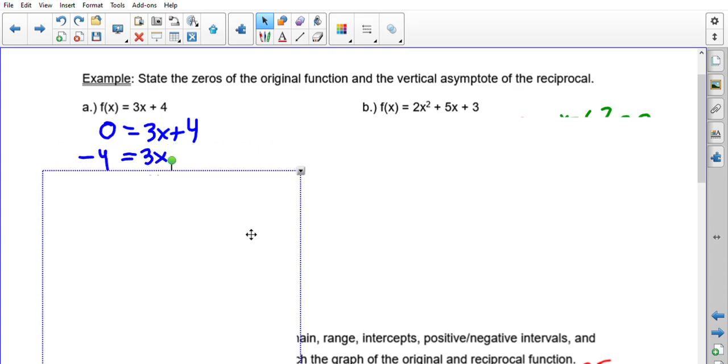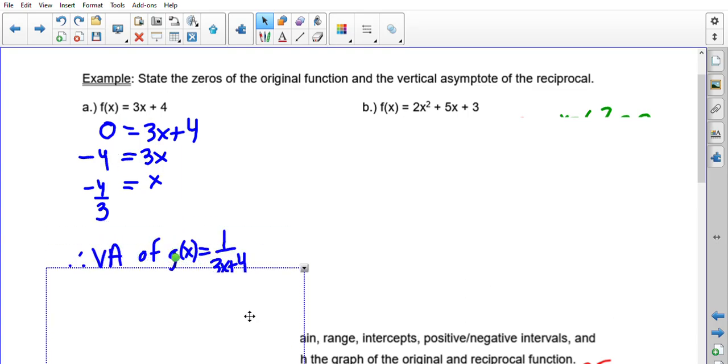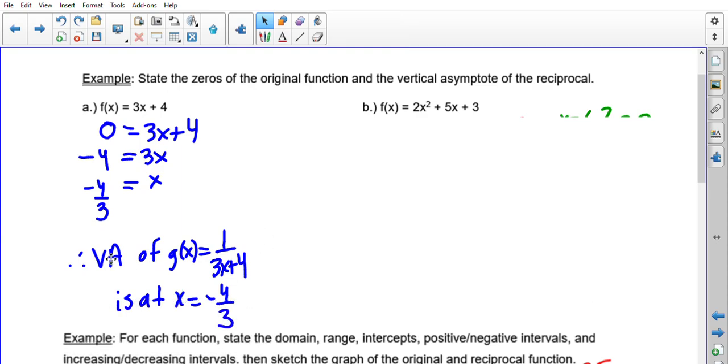We isolate for x, and we get a zero at -4 over 3. Which means there would be a vertical asymptote on its reciprocal, 1 over 3x plus 4, at x equals -4 over 3. Remember, zeros of this become vertical asymptotes of the reciprocal.